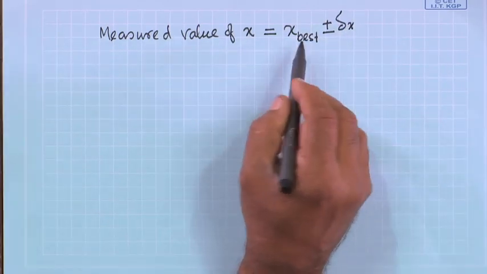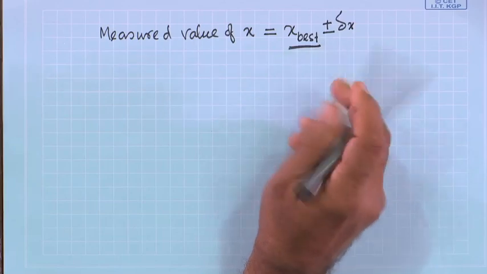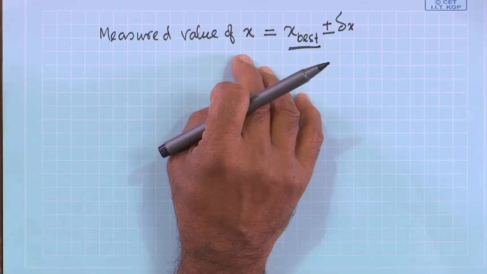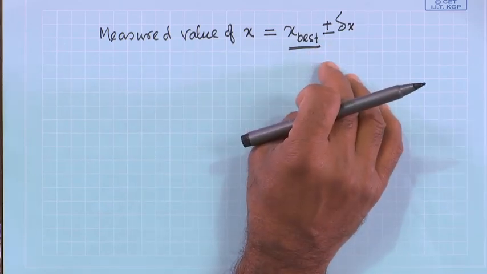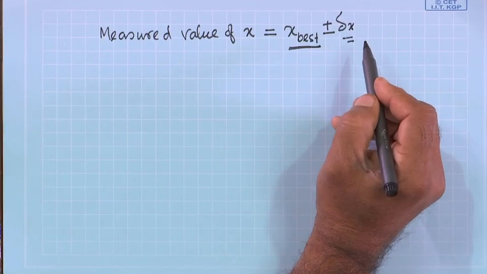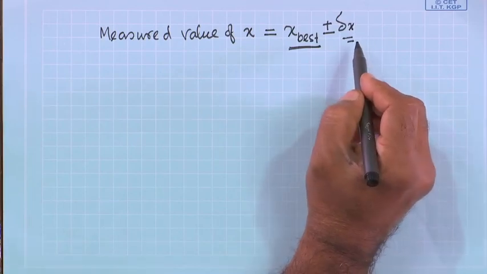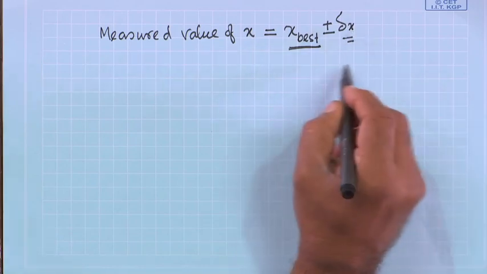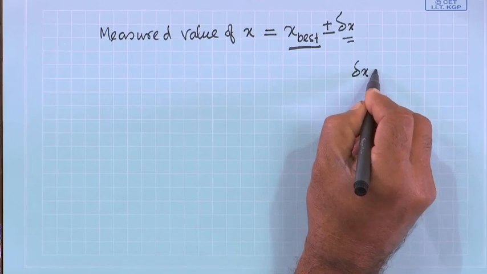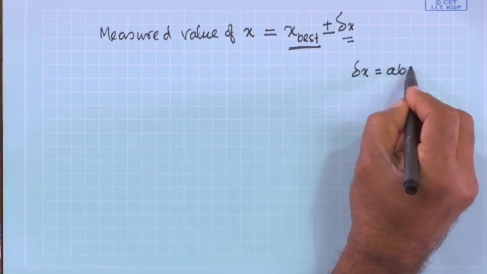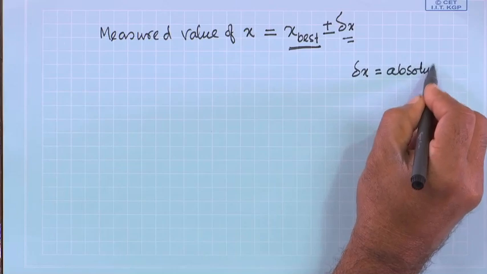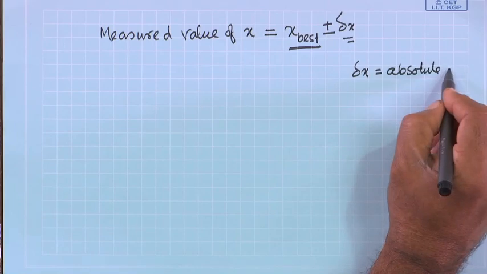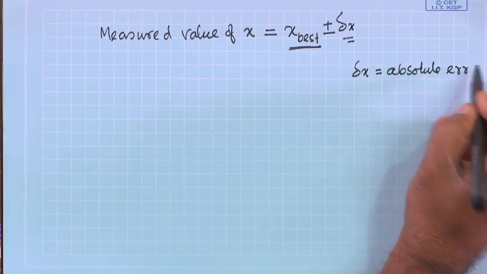This x best is the value we are reporting for parameter x, with some error, which we write as delta x. This delta x is the absolute error, or uncertainty.